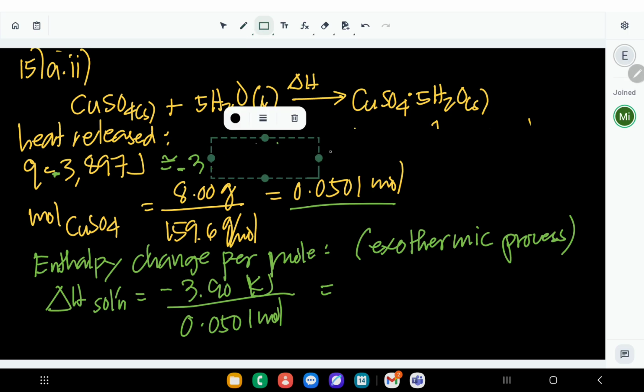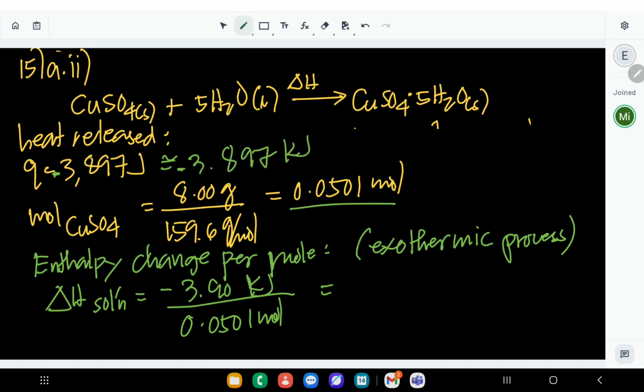3.897. We'll just round it off later. 3.897 divided by 0.0501.